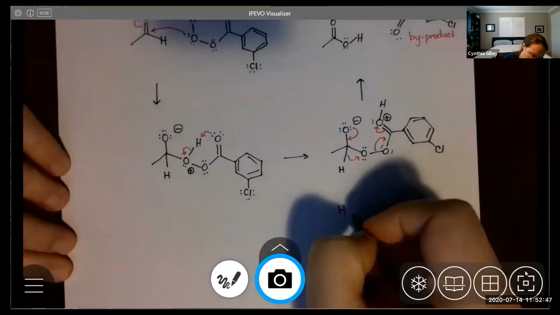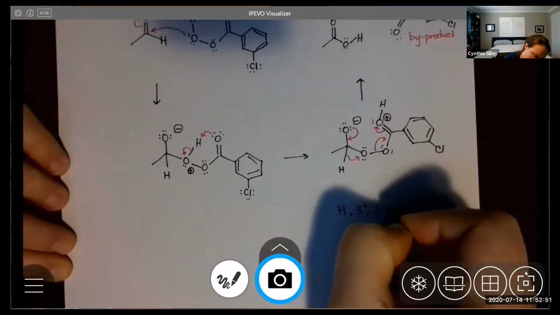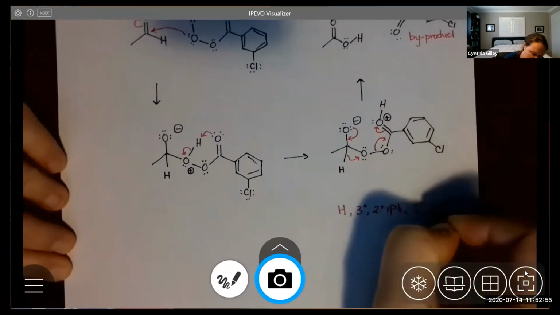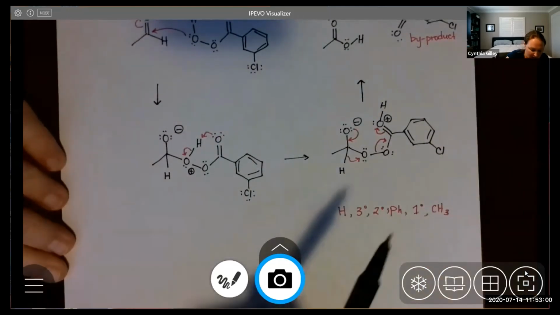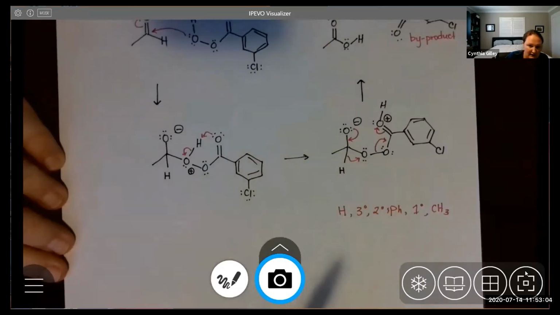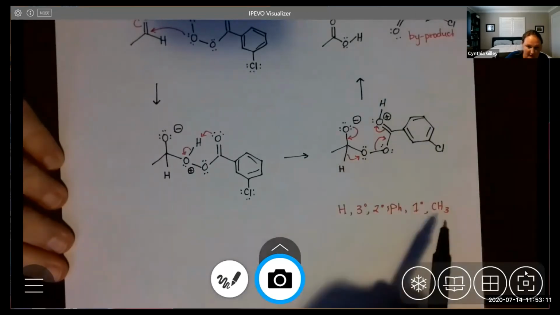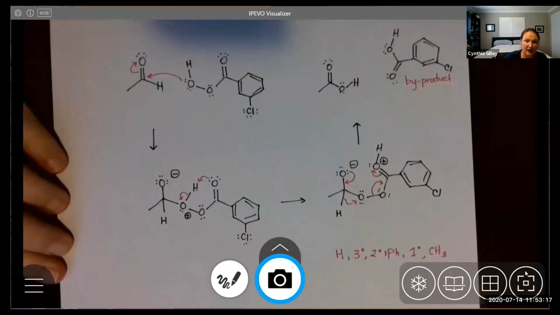Then after that, it would be tertiary carbon, then secondary and phenyl at the same rate, then primary and methyl. This is really an easy one because either the hydrogen migrates, so hydride migrates, or the methide. And they're on opposite ends of the spectrum for how fast they migrate. This is going to migrate much faster than this. So does that help a little bit?